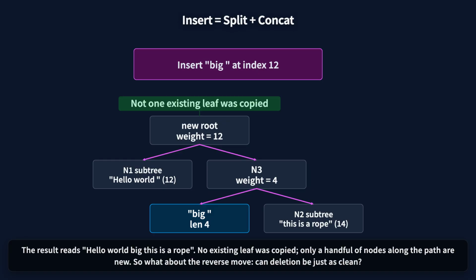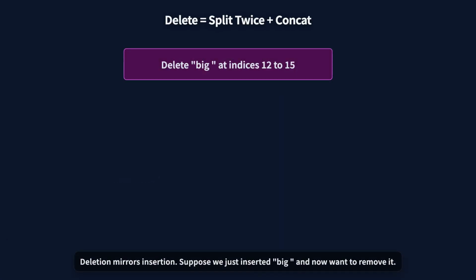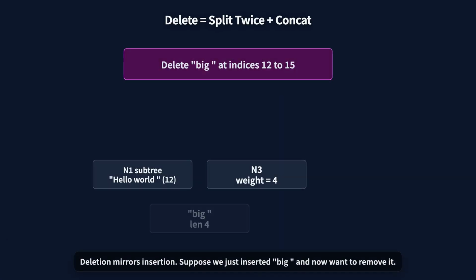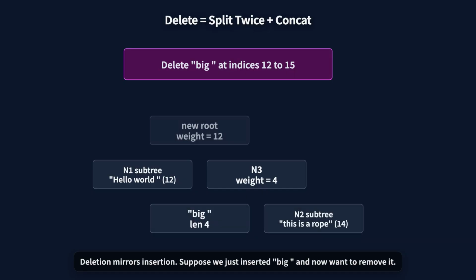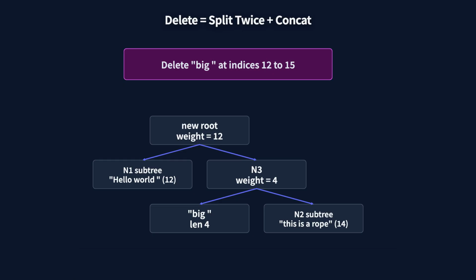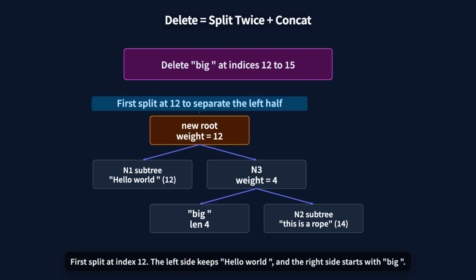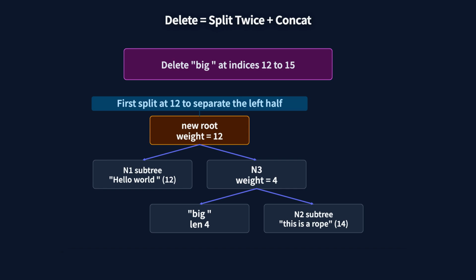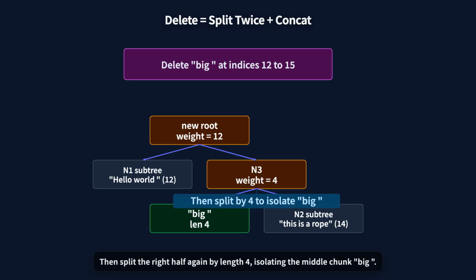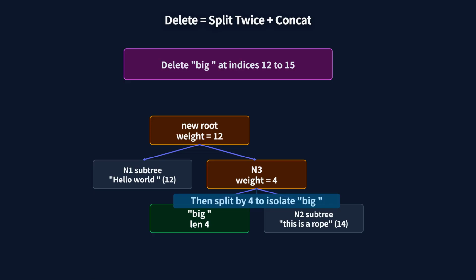So what about the reverse move? Can deletion be just as clean? Deletion mirrors insertion. Suppose we just inserted "big" and now want to remove it. First split at index 12. The left side keeps hello world, and the right side starts with big. Then split the right half again by length 4, isolating the middle chunk, big.